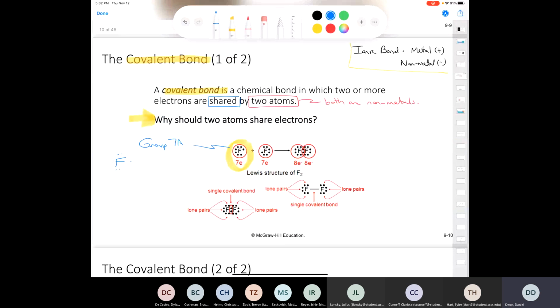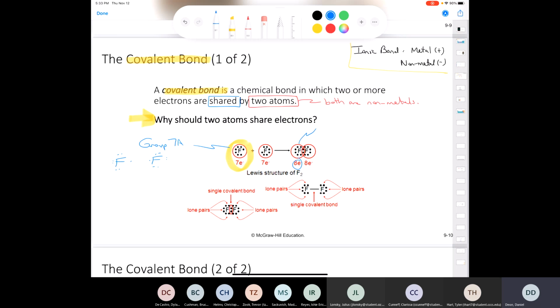So if I have 2 fluorines and they approach each other, they get close enough with each other, you see how this kind of looks like a Venn diagram here? Well, if you look at the original circle that was around the fluorine, there was only 7 electrons in there, wasn't there? But when the 2 atoms approach each other, look how many electrons are in this circle now.